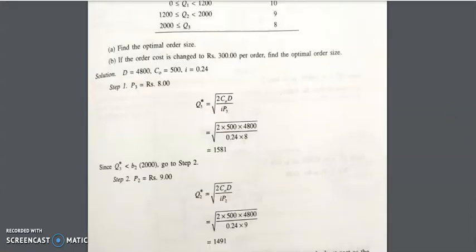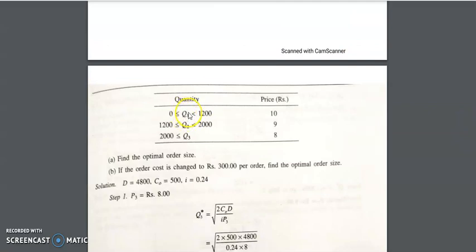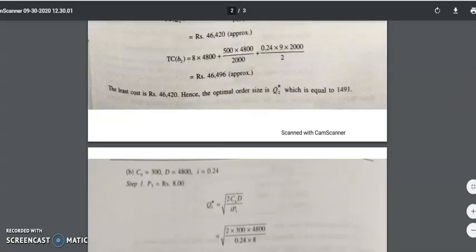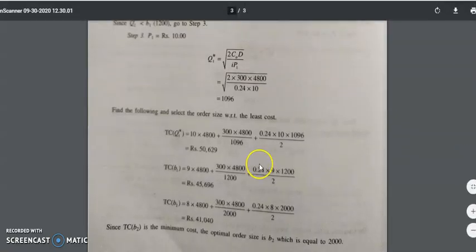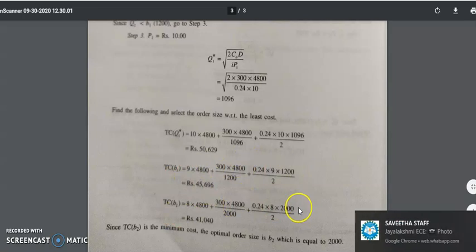But in this case, I have taken Q1 at a price of 10, where the maximum order is 1200. So I cannot go to 2000; I have to take only 1200. So I have to check first the Q1 with the cost of 1096, and B1, the price break at 1200, and then the usual break where you go with 2000.